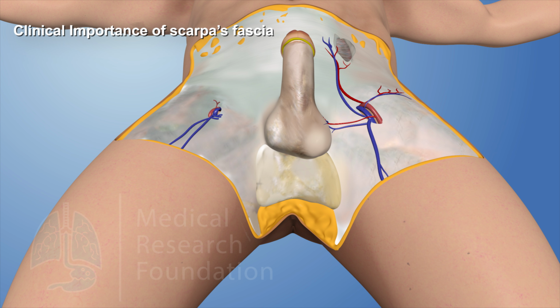The line of fusion of Scarpa's fascia passes over Holden's line, body of pubis, margins of pubic arch, and posterior border of perineal membrane or posterior edge of the urogenital diaphragm.